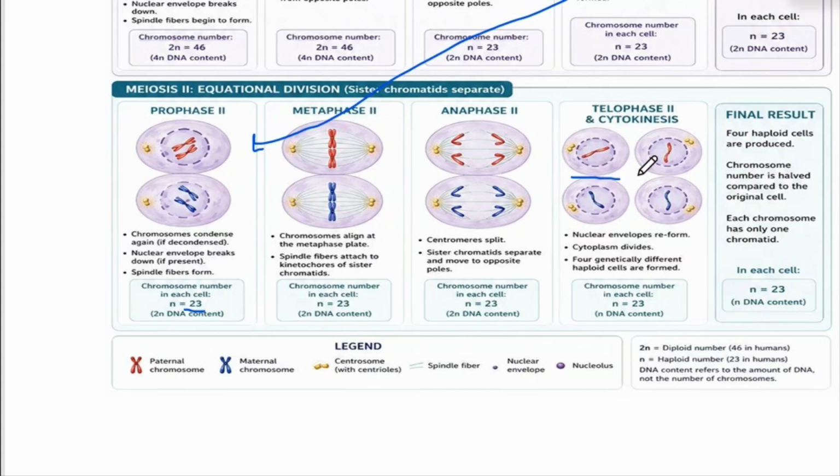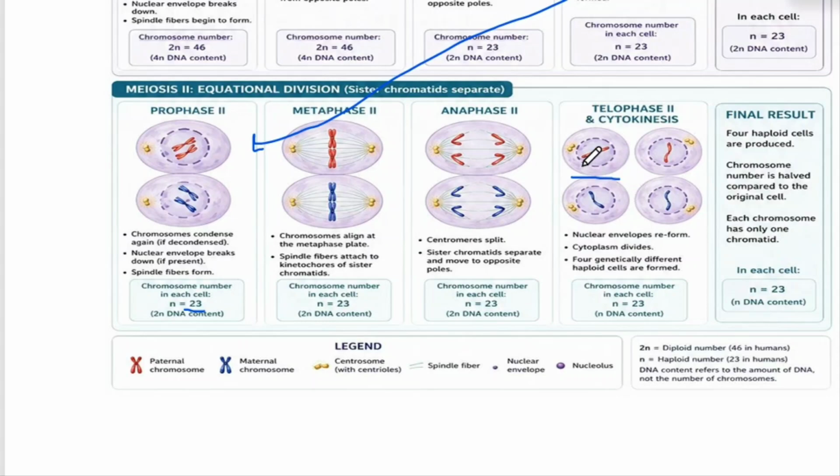At the end of meiosis, 4 genetically different cells are produced. Here 1, 2, 3, 4. Are these cells haploid or diploid?